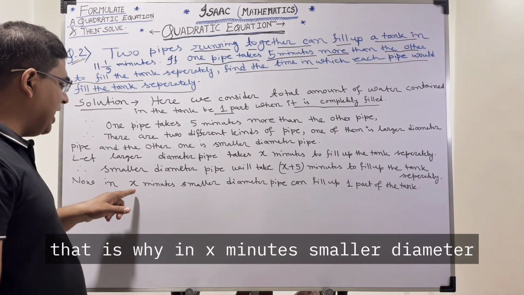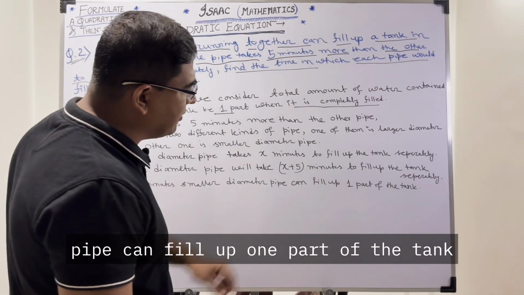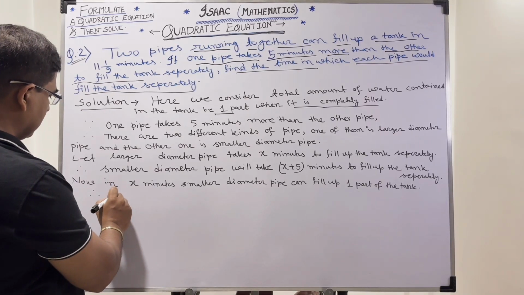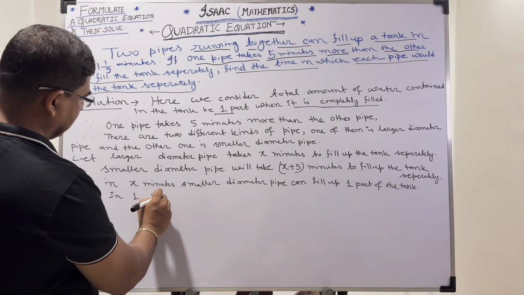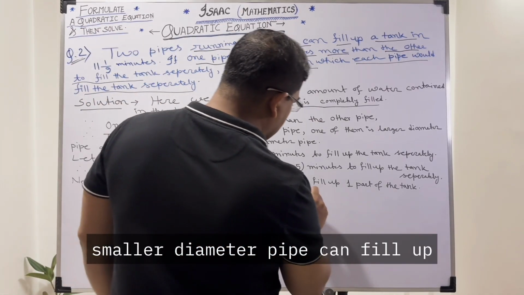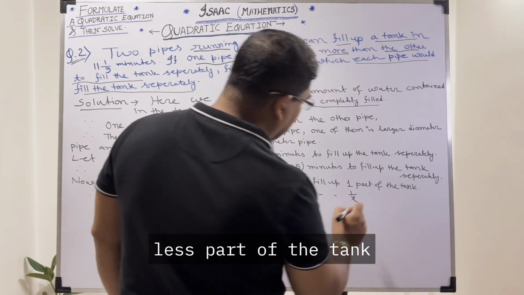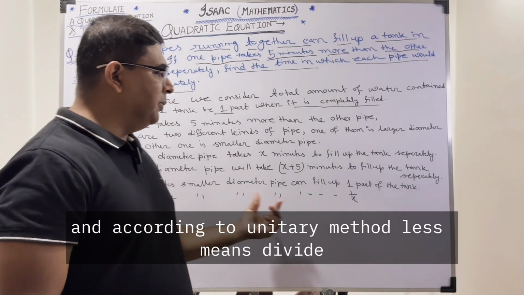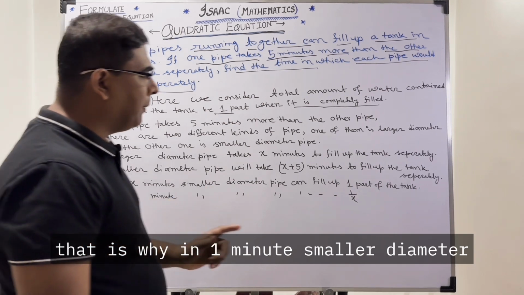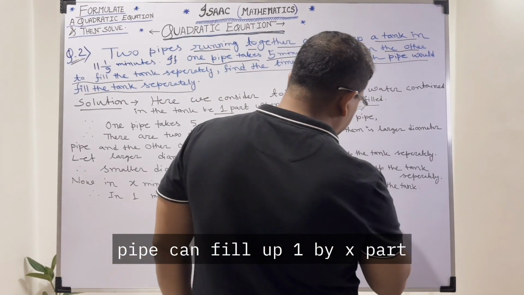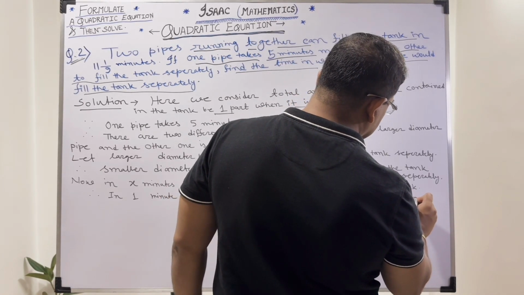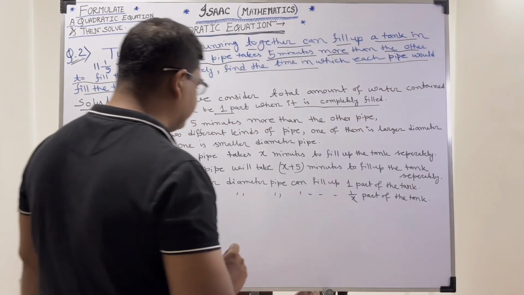So therefore in 1 minute the larger diameter pipe can fill up less part of the tank, and according to the unitary method, less means divide. That is why in 1 minute the larger diameter pipe can fill up 1 by x part of the tank. Okay.